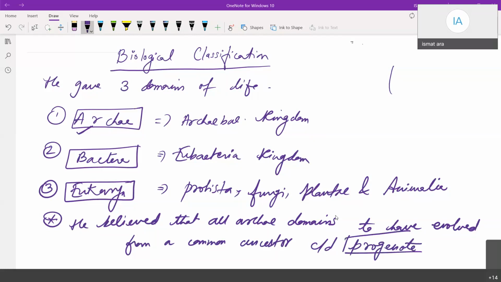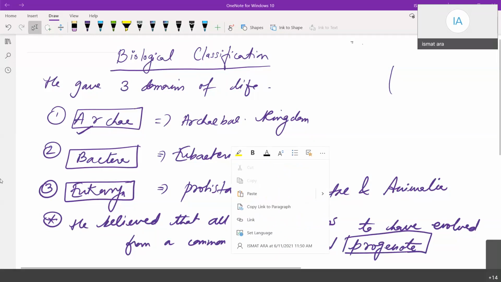What is the name of the ancestor? That is progenote. So I'll start with kingdom Monera.